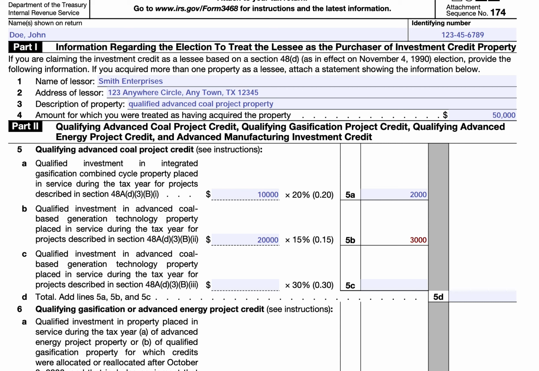And then in line 5C, this is eligible property. It's any certified property located in the United States and is part of a qualifying advanced coal project that sequesters and separates at least 65% of the total carbon dioxide emissions. So let's just say that we spent $20,000 on this, and that gives us a $6,000 credit. We'll simply add those lines and we come up with an $11,000 credit.